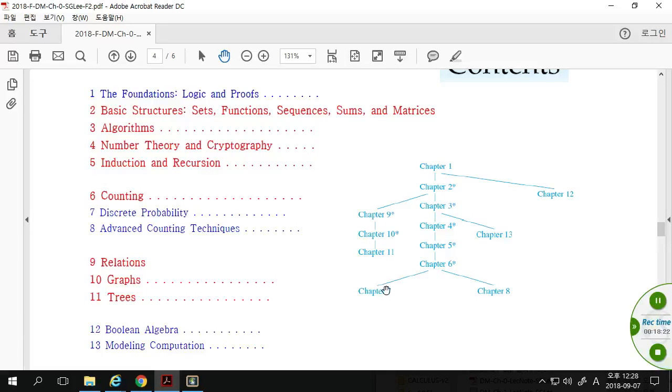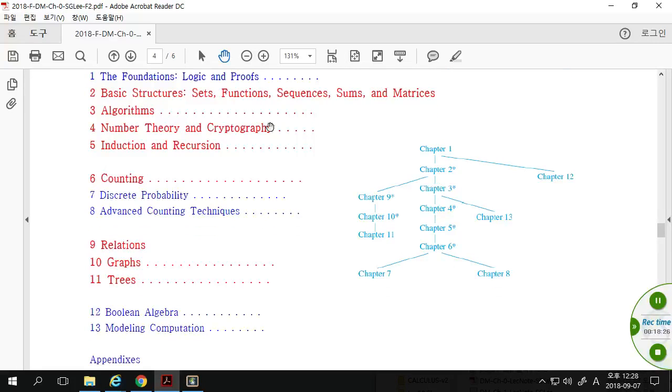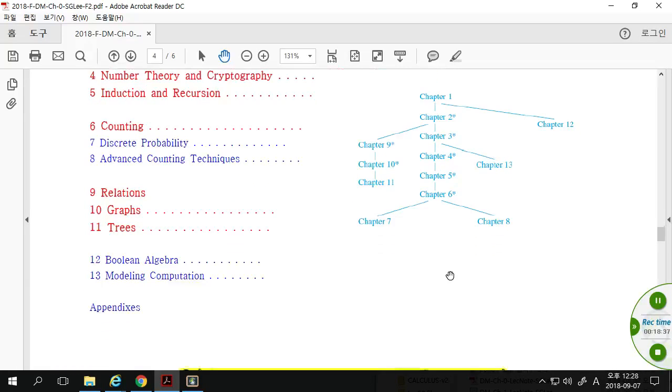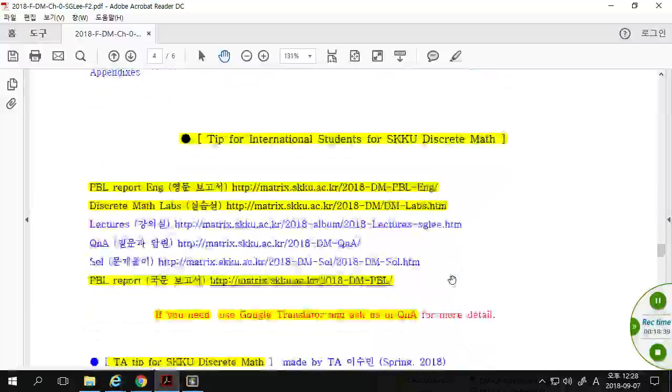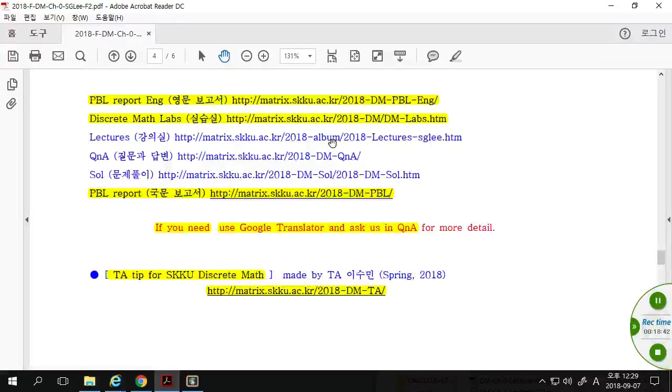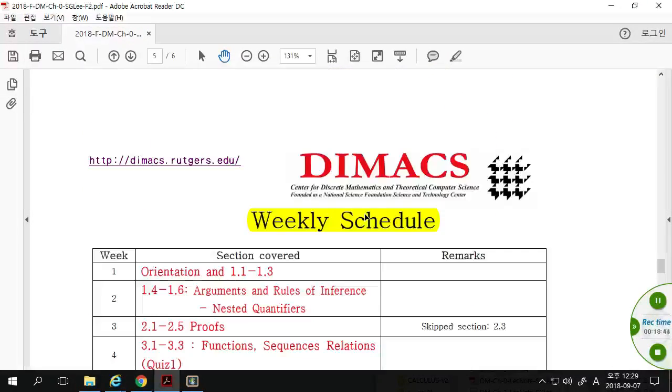From 1 to 6, 7, 8, and 9. That's what we're going to cover in this semester. This is kind of the structure, the relationship with the hierarchy of those chapters. Okay, I introduce it to you.